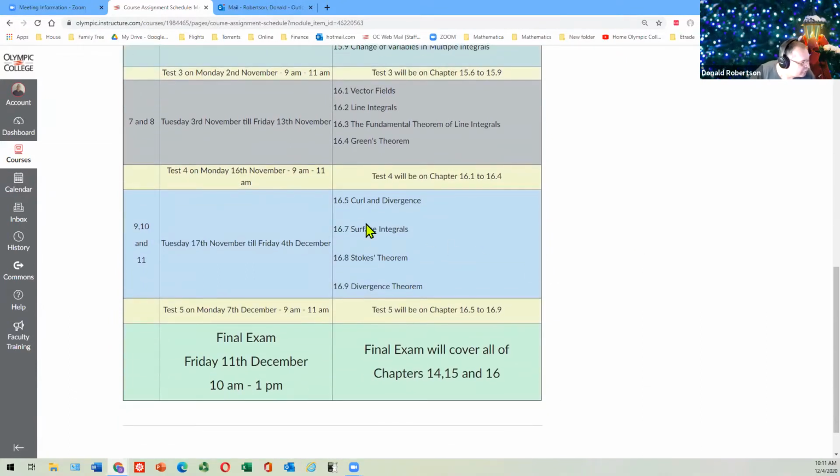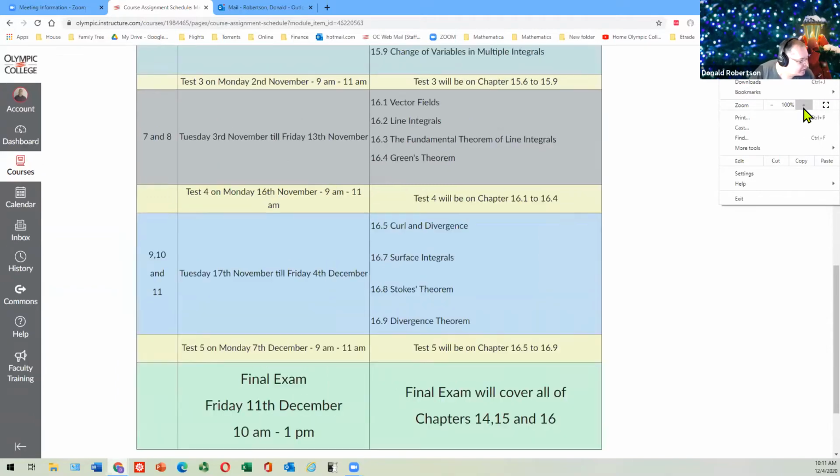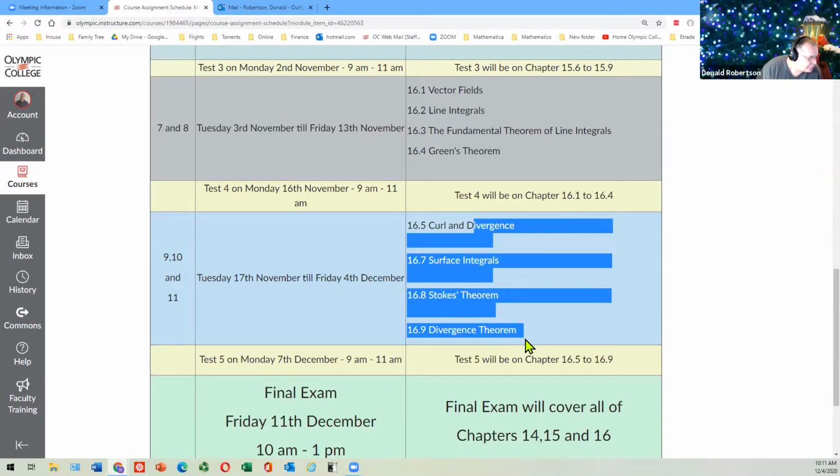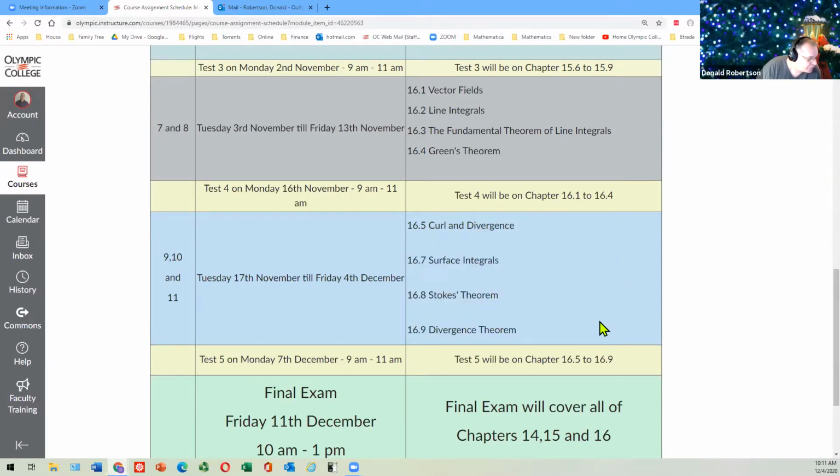Right. Let's talk then about what your test is going to be like. I've already spoken quite a bit about it, but not everyone was here or maybe paying attention yet. Our test is on those 4 sections. The last test is optional. If you've got 4 good tests and you know you're not going to improve on it, then you don't need to turn up. You will be given attendance.